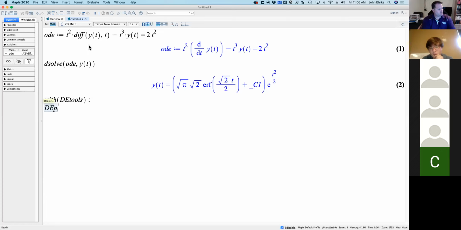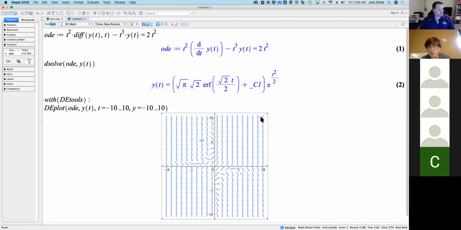And what I'm going to do is plot that differential equation. y of t is the function variable. And I'm going to plot it, let's say from t equal minus 10 to 10, y equal minus 10 to 10. So I'm just giving it an axis to plot on.